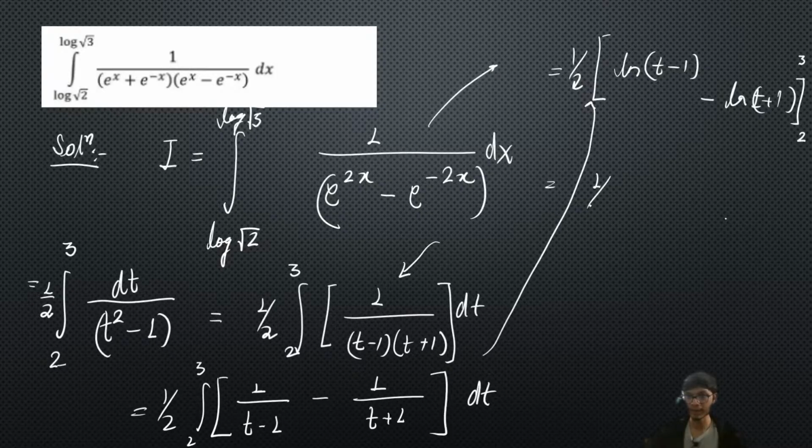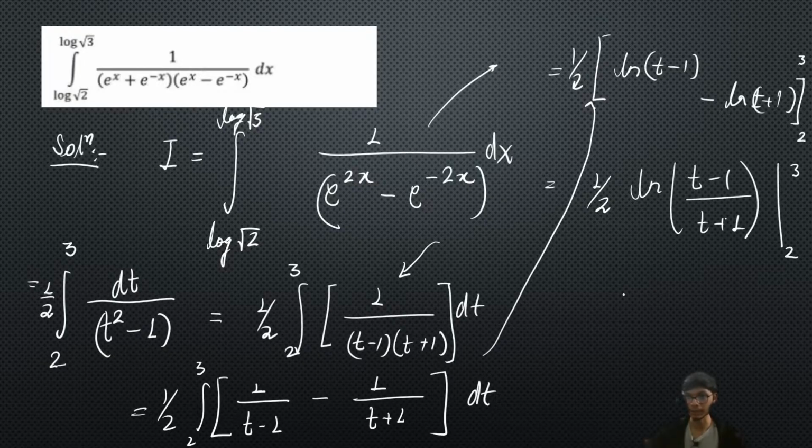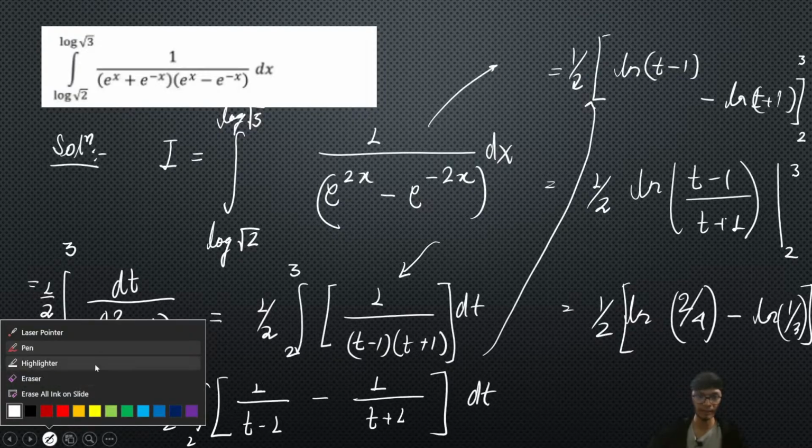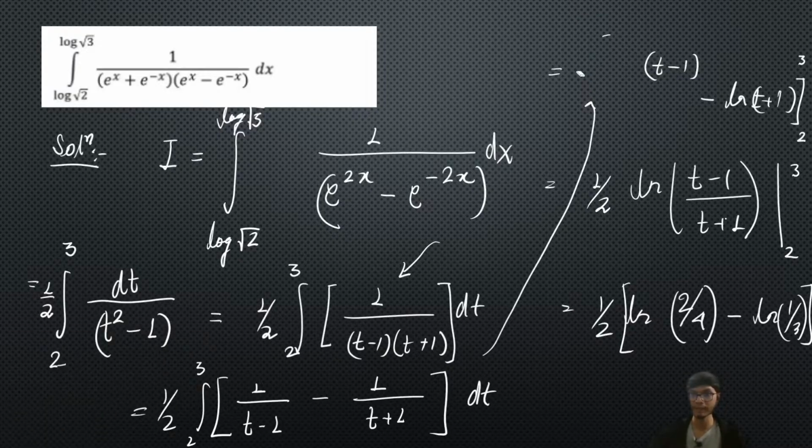Which we can simplify and write as half times the natural logarithm of t minus 1 divided by t plus 1 within the given limit 2 to 3, and that is going to be half times the natural log of, if you put 3 over here, we're going to get 2 by 4, and minus 1 by 3. So from here I'm writing the answer over here in the top part.